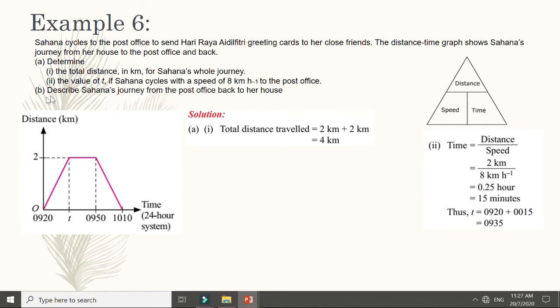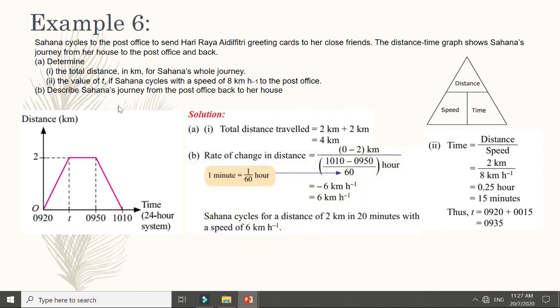Okay, then we look at B here. Describe Sahana's journey from the post office back to her house. So if you want to describe her journey, first you have to find the rate of change. Okay, the rate of change in distance is 0 minus 2 here. And then this part here will be 1010 minus 950, but then we have to divide by 60 because this is 24-hour system, right?